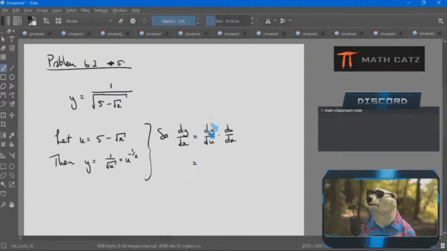Now, first part of the chain rule says, take the derivative of my function with respect to this inside function u. Oh, I see it right there. Easy, u to the negative 3 over 2. Remember, it's always one less. Next part of the chain rule, derivative of that inside function.